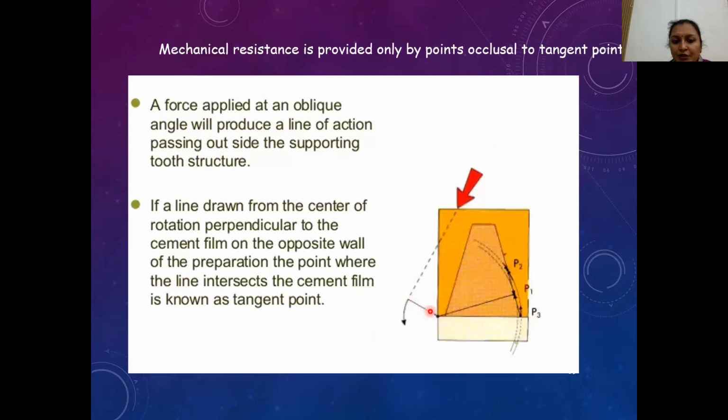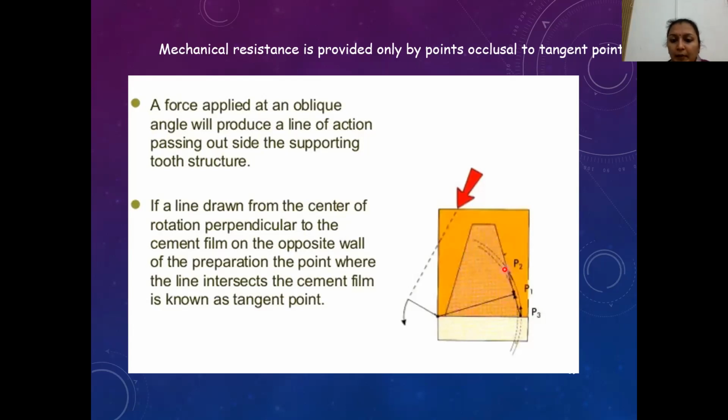Now, if a line is drawn from the center of rotation perpendicular to the cement film on the opposite wall of the preparation, the point where the line intersects the cement film is known as the tangent point. In this picture, P1 is the tangent point. At P2, the restoration is subjected to compression forces.